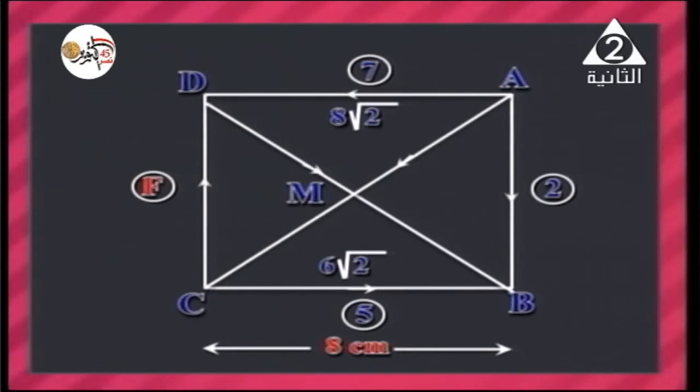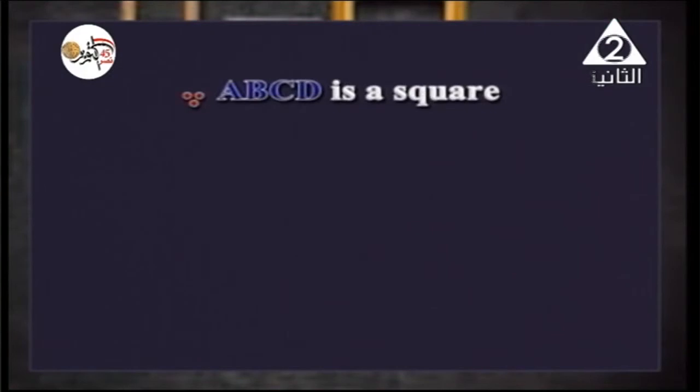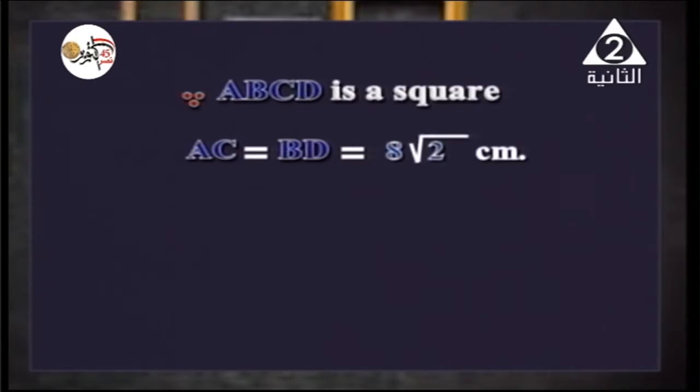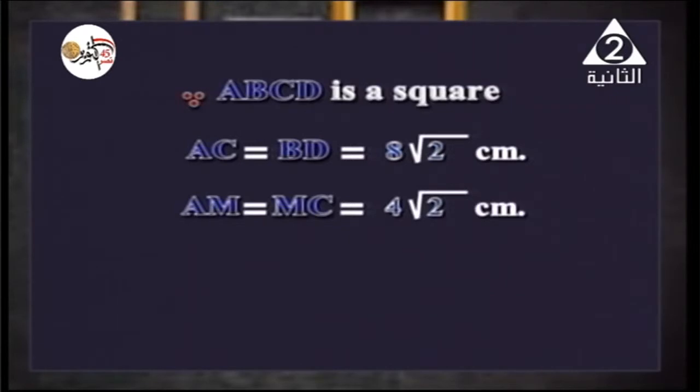My dear student, since ABCD is a square, the two diagonals AC equal BD, each 8 root 2. Why? Because if a square has side length 8 centimeter, its diagonal must be 8 root 2 by using the Pythagoras theorem. Therefore, AM, half of AC, equals MC, which equals 4 root 2 centimeter.